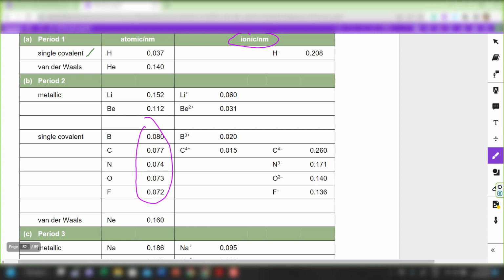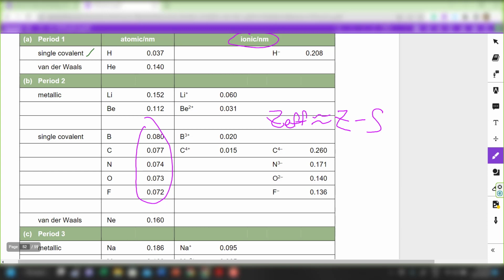We can easily understand this because if you recall from atomic structure, effective nuclear charge is approximately equal to nuclear charge minus the screening constant. Across the period the screening constant stays relatively constant, but nuclear charge increases, so we expect the effective nuclear charge to increase steadily across the period as well. Because of that, the electrostatic forces of attraction between the nucleus and the valence electrons become stronger across a period, so you expect the single covalent radius to decrease.